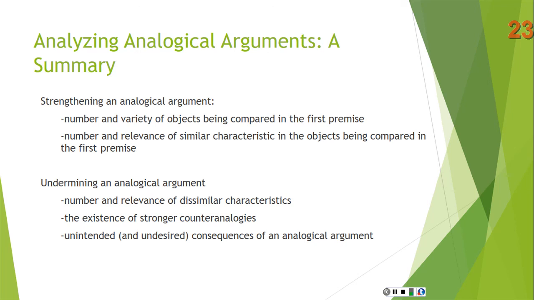The way to undermine an analogical argument is according to the number and relevance of dissimilar characteristics, or the existence of stronger counter-analogies, or unintended and undesired consequences of the original argument. That's the way you analyze analogical arguments.